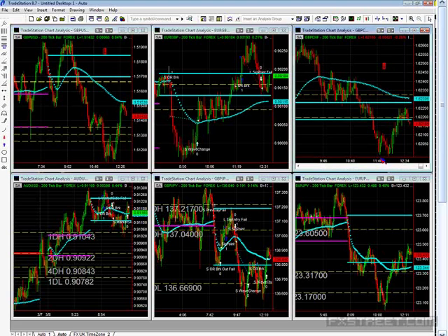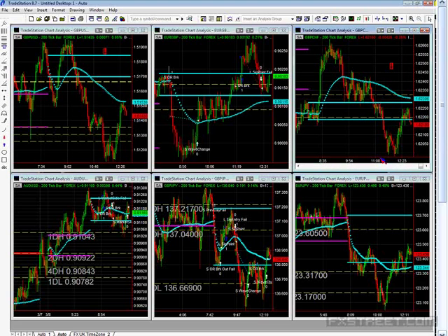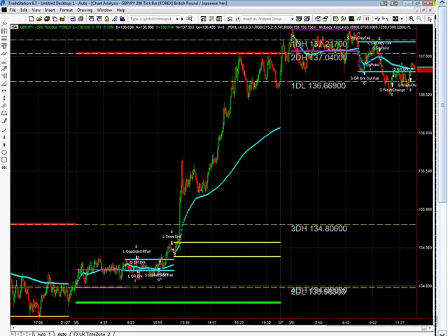So I have two kinds of weakness in the pound. I also want to take a look at the pound yen. If you look at the pound yen, again, the move is to the upside, and in London, the market also has reversed. So we're getting a general weakness in the pound as a whole.